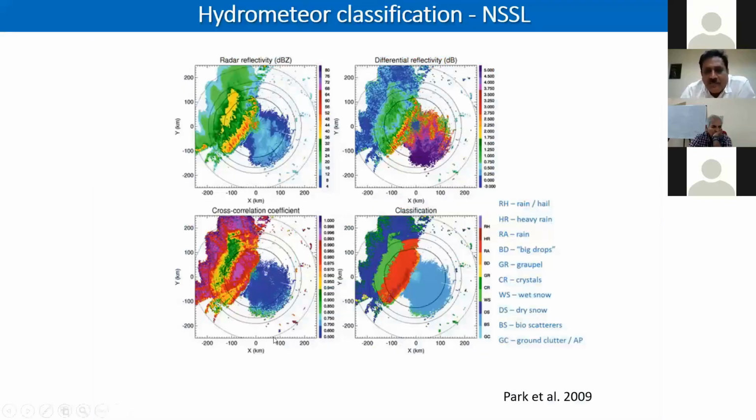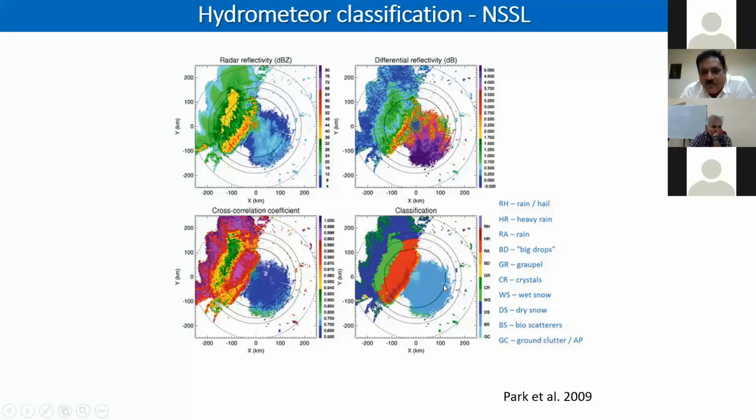So this is one example showing identification of different types of hydrometeors here. Starting from rain, hail, mixture, then heavy rain, big drops, graupel, crystals, all different types, where exactly they are located within the radar volume.